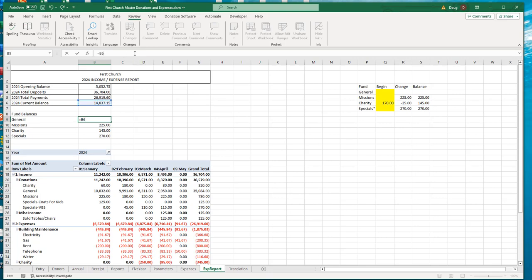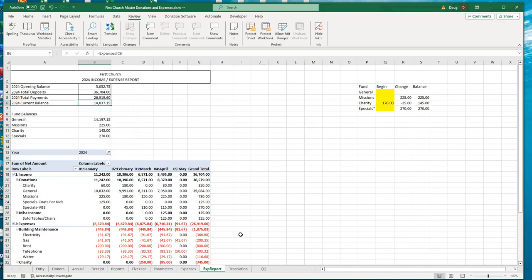So that balance minus the balances for missions, charity, and specials. And calculate our way there directly. And that's the same number, the 14,197. So we don't even need to do the beginning balance and change over here because it's such a simple direct formula. Again, that's if you trust your opening balances here, so that this is a correct current balance.